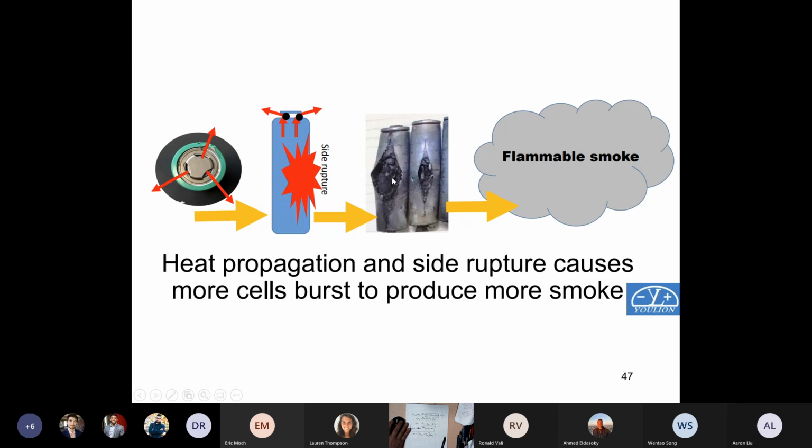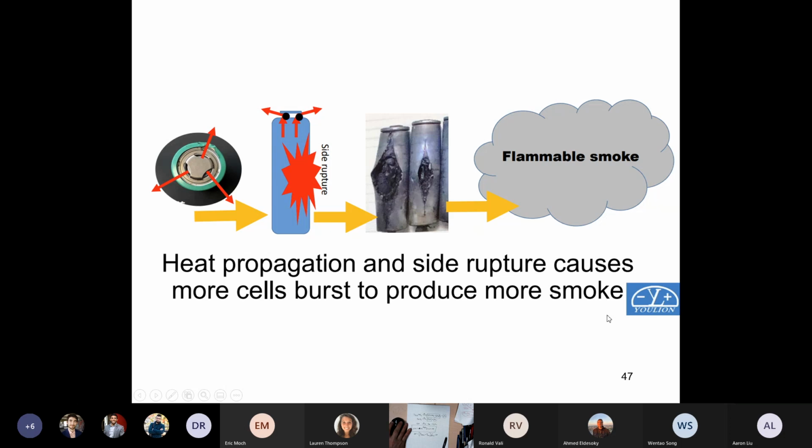And then you get propagation, it's called, from one cell to the next, to the next, to the next. It's much preferable if your cells are lined up like this to have any smoke and flame come out of the ends, then it's less likely to get propagation. So side rupture is a disaster, and it should be avoided at all times.